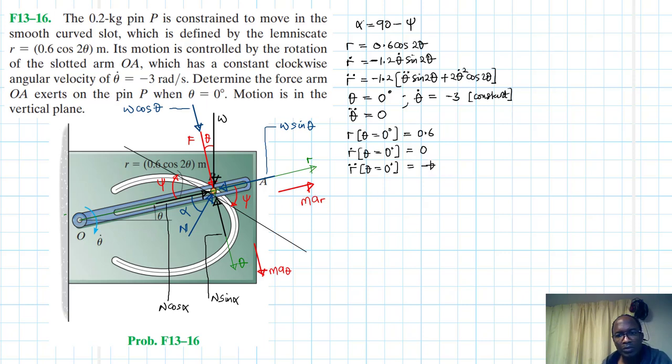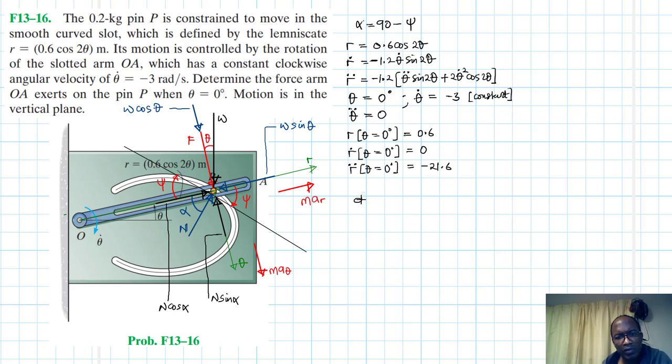So this becomes minus 21.6. So 2 by 3 squared cos 0 times 1.2 minus 21.6. Alright, I guess this is all.